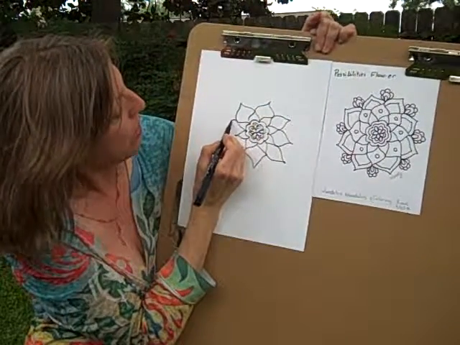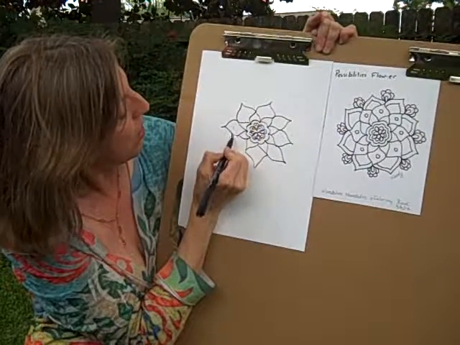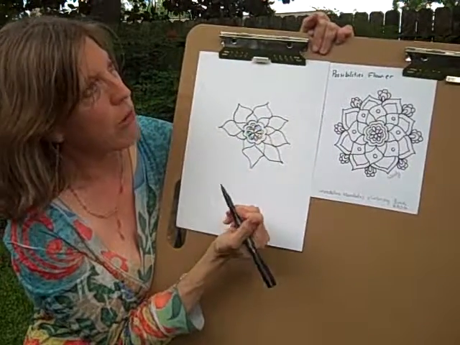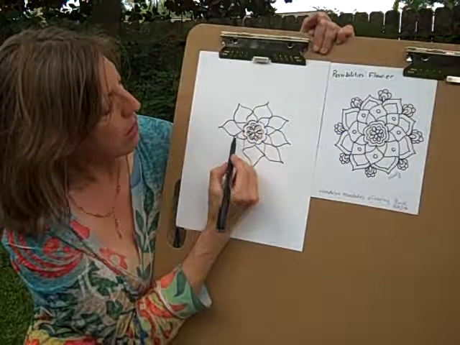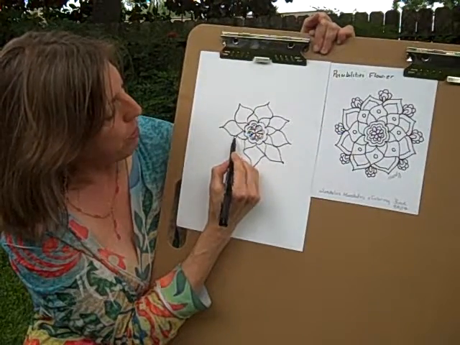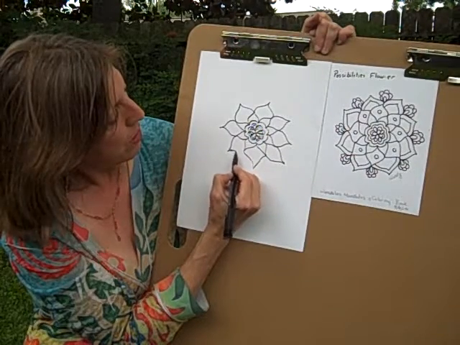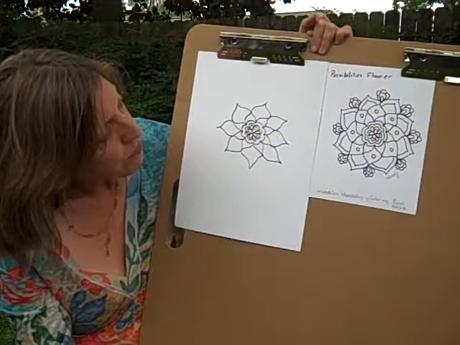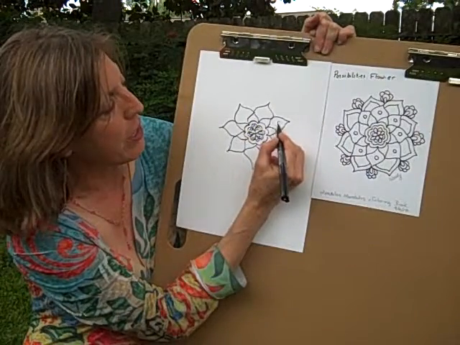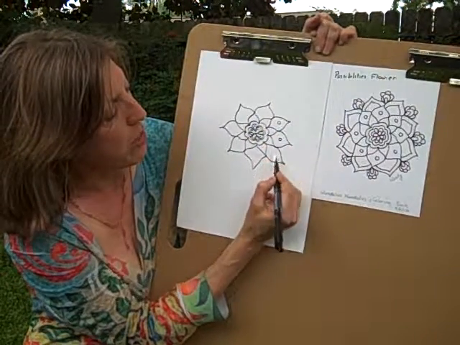Alright. I think it's just about letting go and just letting your hand glide across the paper and trusting that it's perfect. Alright, so I have little circles in the center of each one of these.